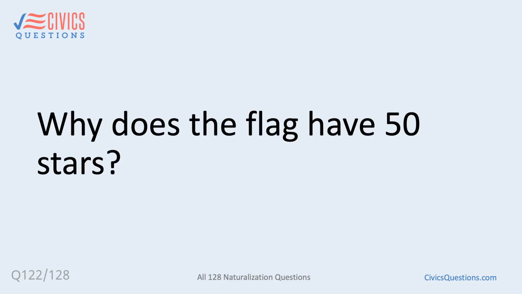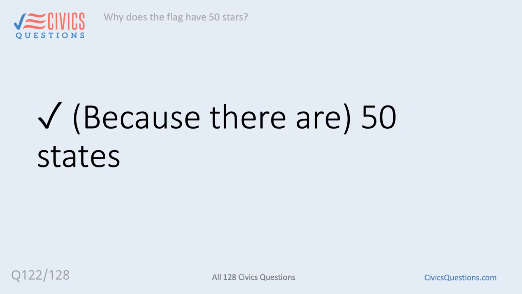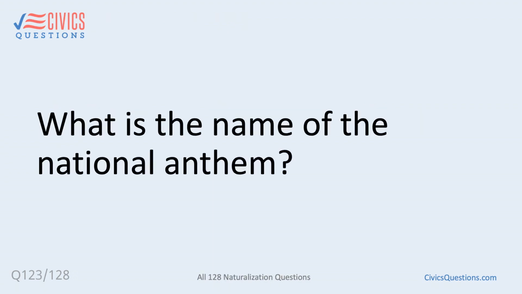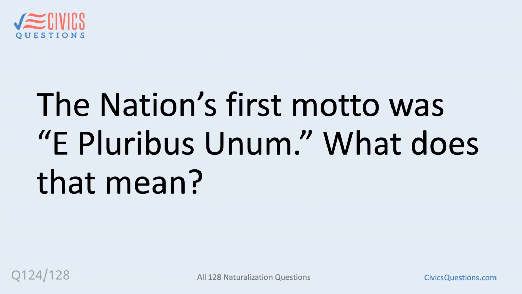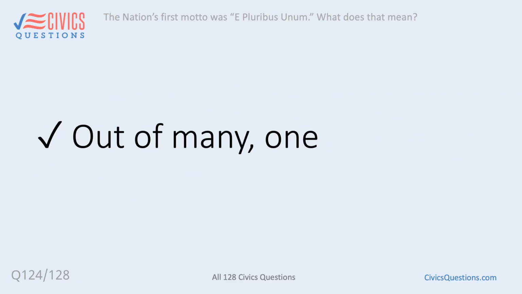Why does the flag have 50 stars? Because there are 50 states. What is the name of the national anthem? The Star-Spangled Banner. The nation's first motto was E pluribus unum. What does that mean? Out of many, one.